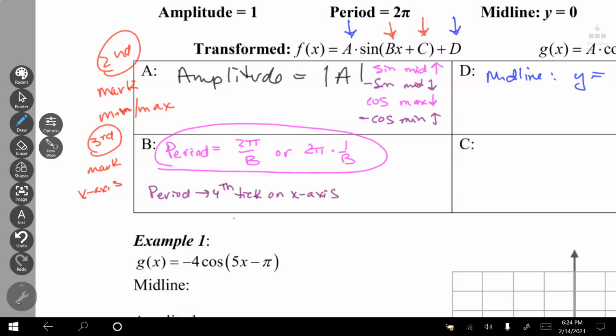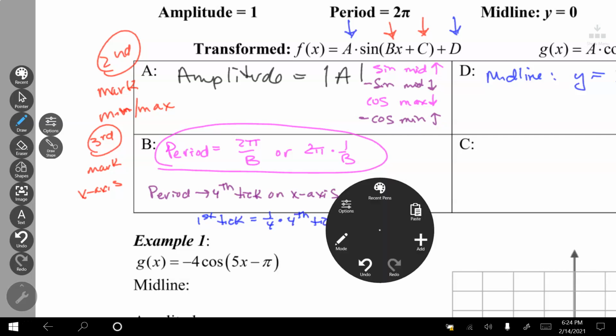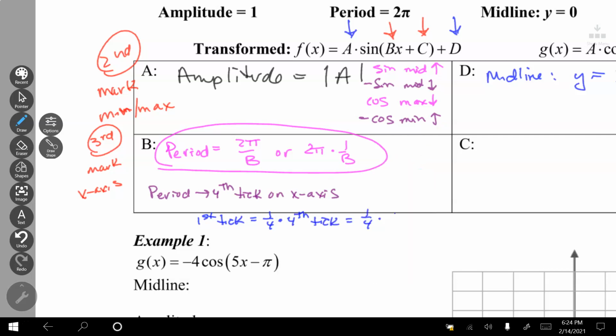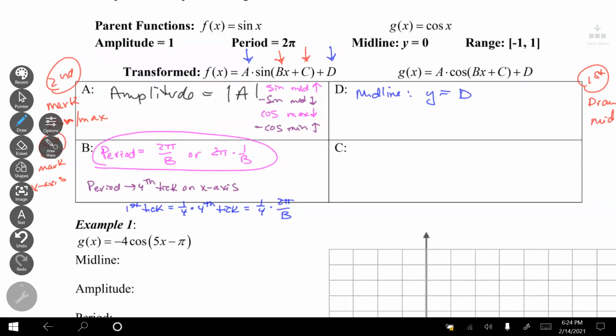And the other thing I'm going to pay attention to is then the first tick is equal to 1/4 times the 4th tick, or 1/4 times 2 pi over B. And that's how I'm going to figure out how I could label my tick marks on the x-axis.